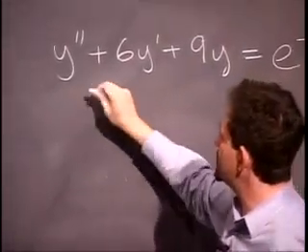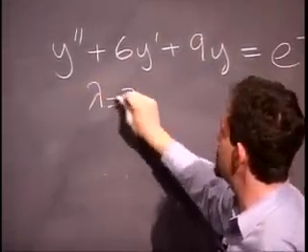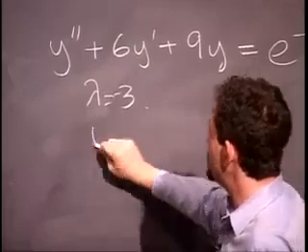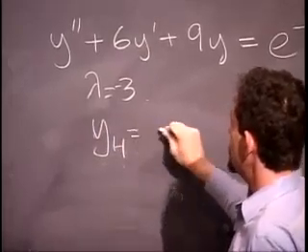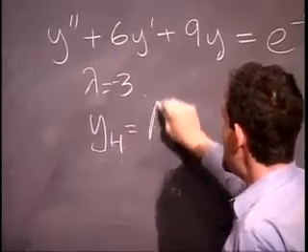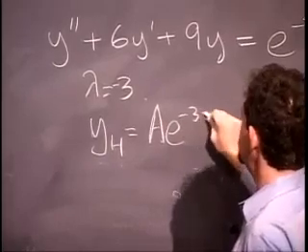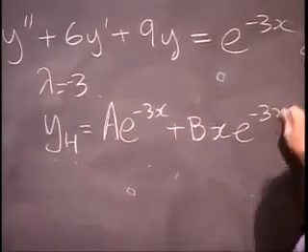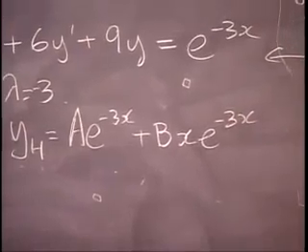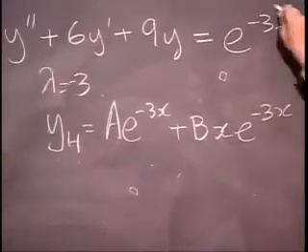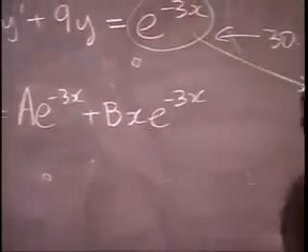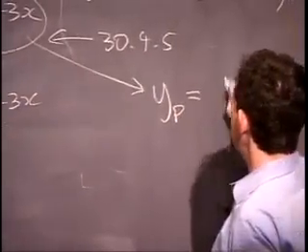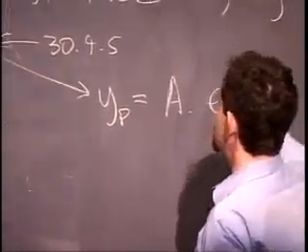If you solve this, the characteristic equation has solutions minus 3 and minus 3. So you'll find that yh is equal to a e to the minus 3x plus b x e to the minus 3x. That was just the standard method. Now, if you take the right-hand side and you try to form a yp, you might want it to be a e to the minus 3x.